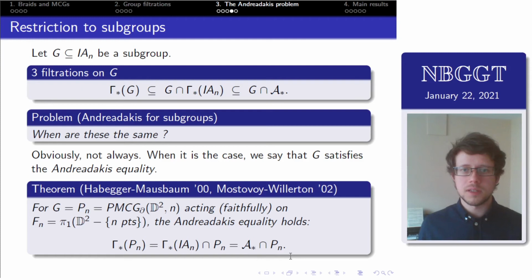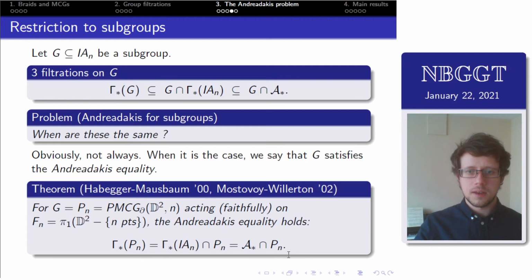And then Mostovoy and Willerton showed that finite type invariants were in fact separating braids up to the right step of the lower central series. So by gluing these two results together, you get this Andreadakis equality, meaning that Milnor invariants are in fact looking at the lower central series of the pure braid group.